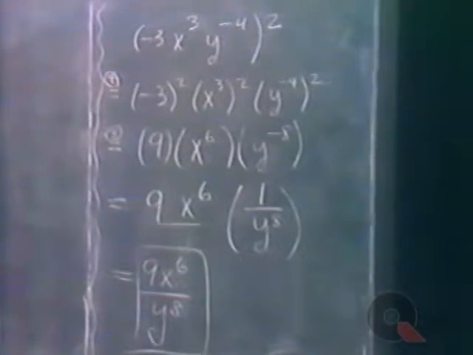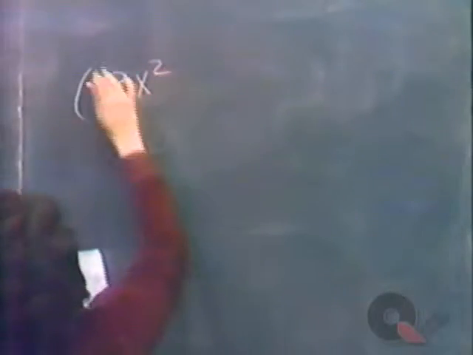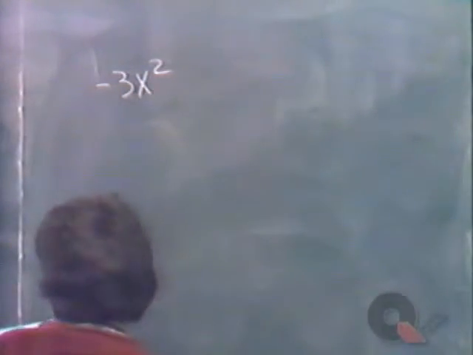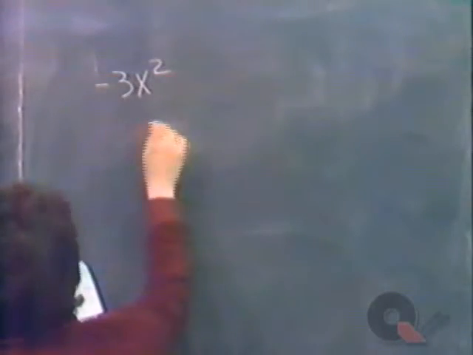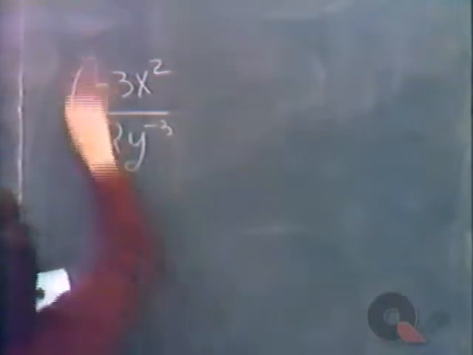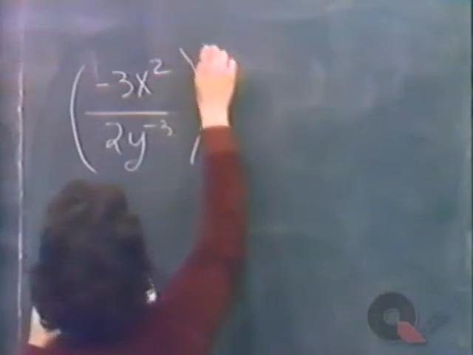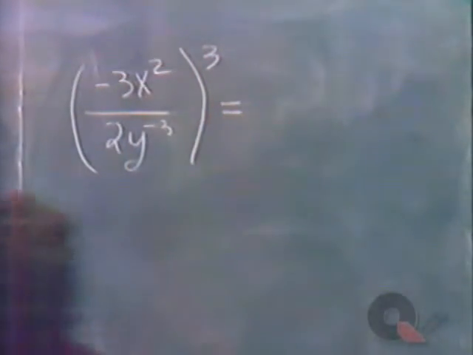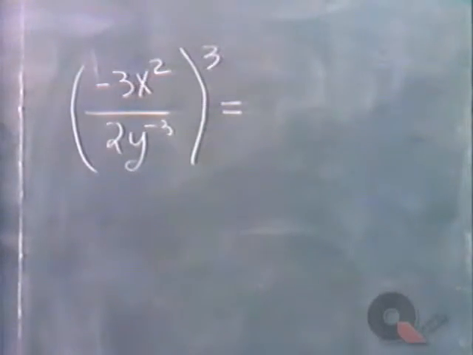In our next example, we're going to work with (-3x^2 over 2y^-3), the entire fraction raised to the 3rd power. We want to simplify this as much as possible.